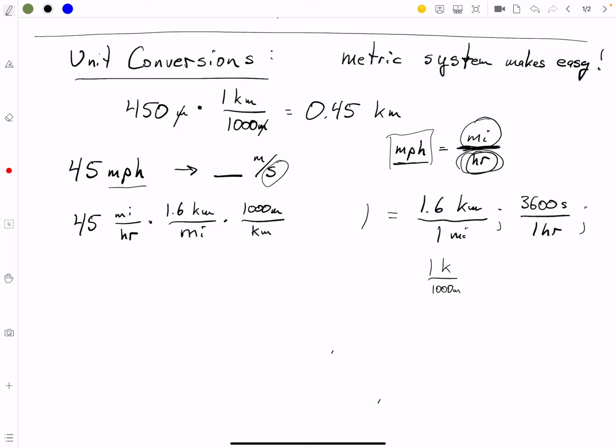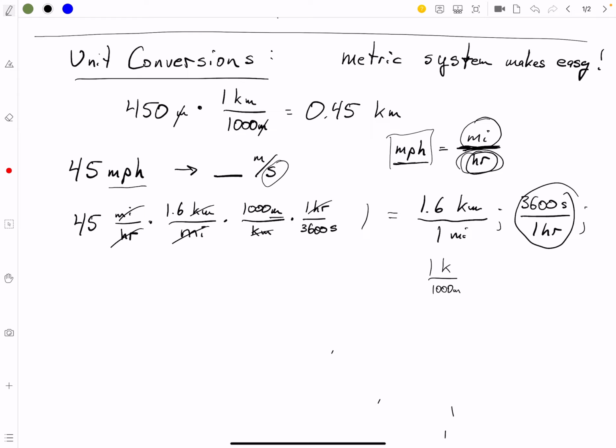And we want to change hours to seconds, but we need hours to be on top, so we'll put 1 hour. So we're just inverting this one. 1 hour divided by 3,600 seconds. So that'll leave us with, we'll cancel this, cancel that, cancel this, cancel that, cancel our hour.